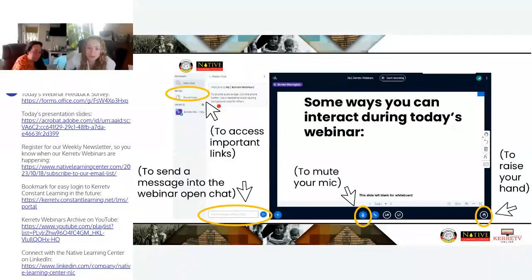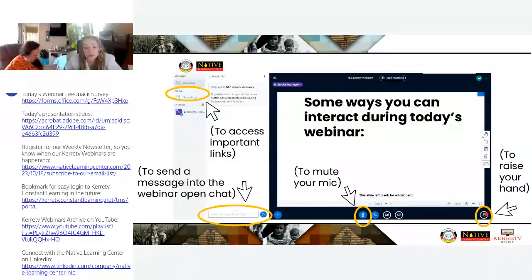If you are looking for, I had mentioned the shared notes, the public chat. There's a lot of ways to interact on this new platform we have. So again, if you need to mute your mic, it's over there right next to that phone icon where you can find your audio devices. We have the hand icon over to the far right. Cheryl does ask that you hold questions until the end, because usually the questions you'll have, she's going to answer as she goes through her presentation.